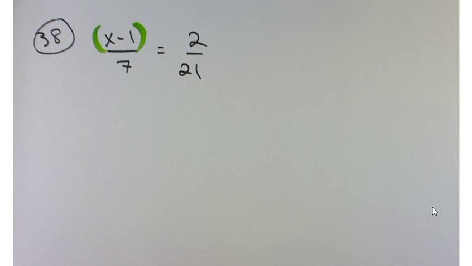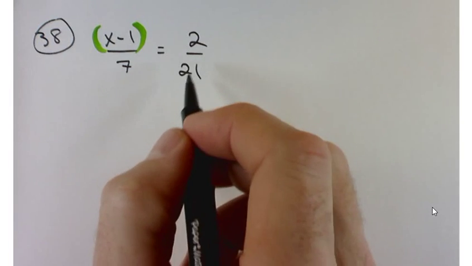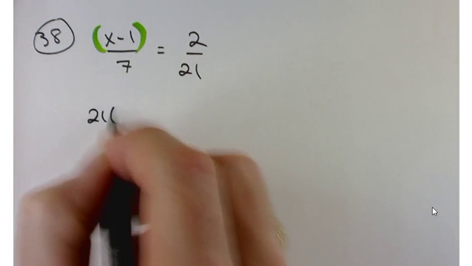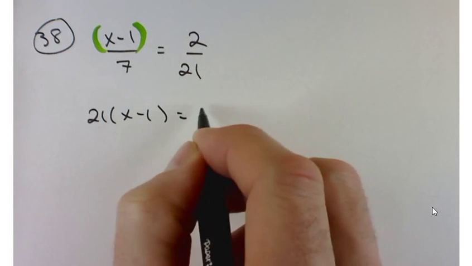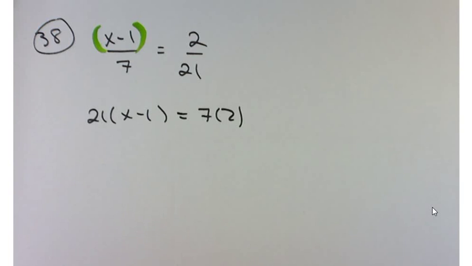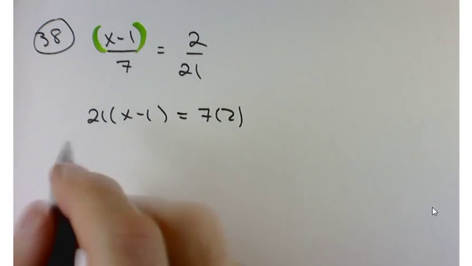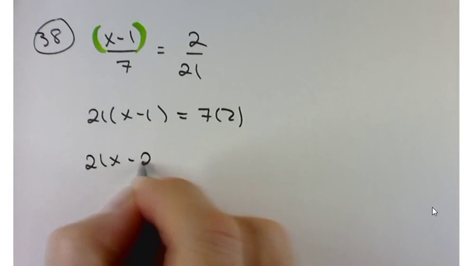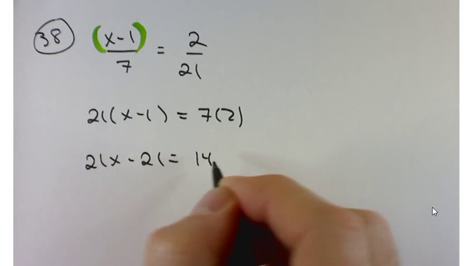Now chances are on an exam or in the book, you're not going to see those there. But it's helpful for you. We're going to get 21 times x minus 1 and 7 times 2. The reason I want those parentheses is because I want you to distribute that 21. 21x minus 21 equals 14.